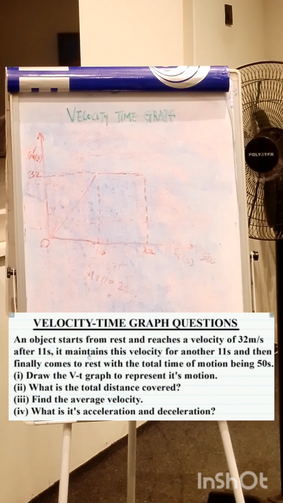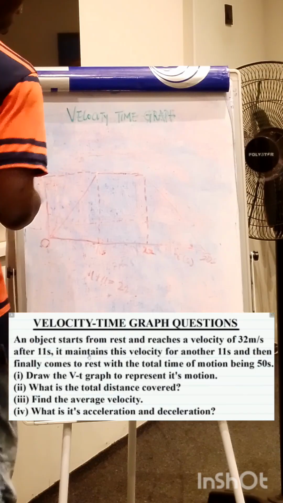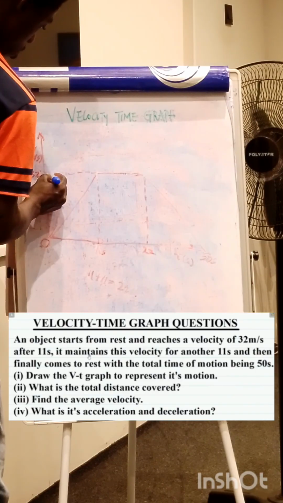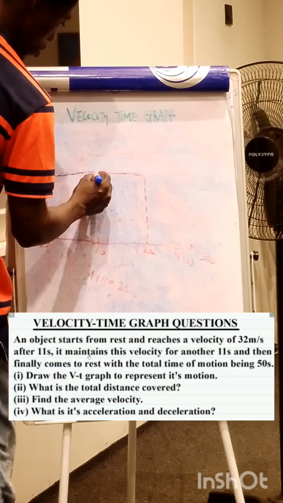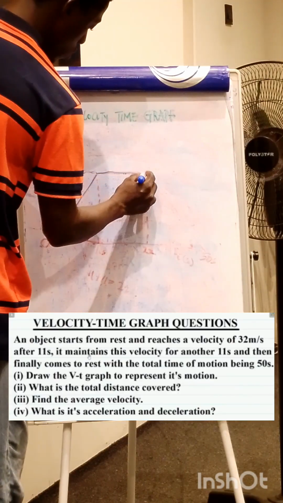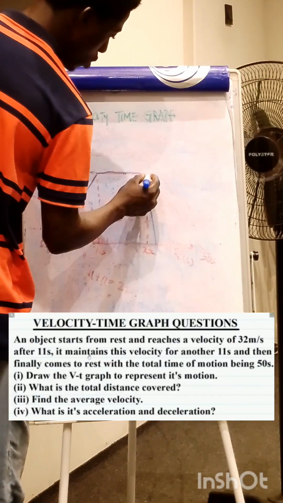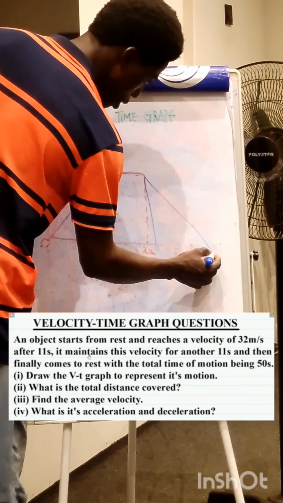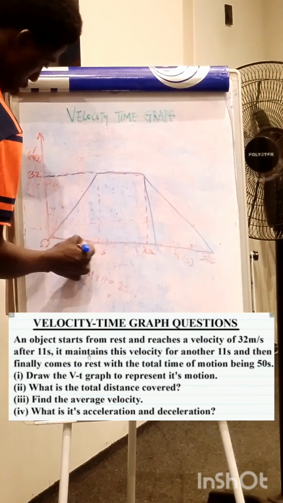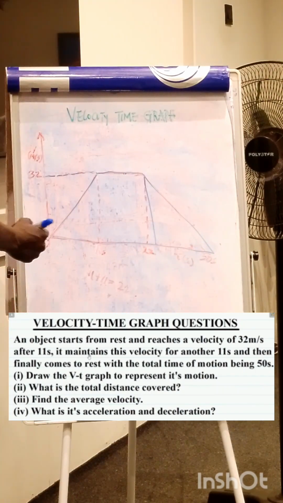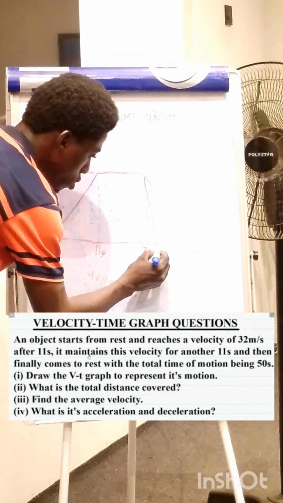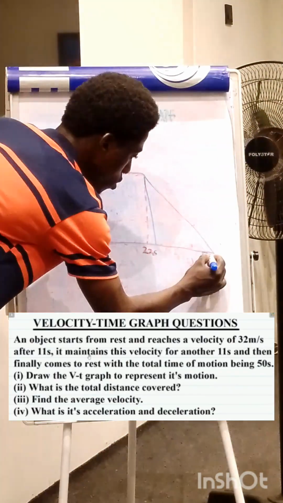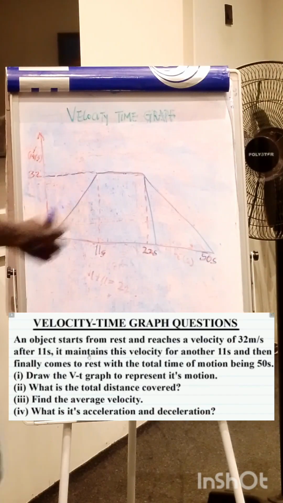So let me just try to use this blue one on it, then you guys can actually see it very well. So 11 seconds is here, 22 seconds is here, 50 seconds is here, like that.